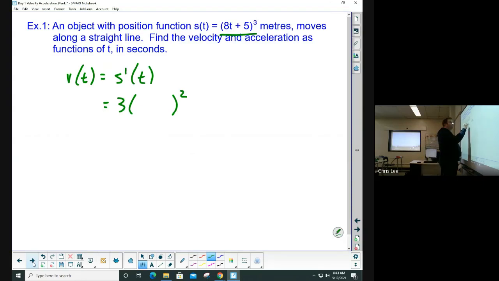The inside stays the same, but then I multiply it by the inside function. So that Russian doll idea, derivative of the outside times the derivative of the inside. And then I can tidy this up just really quickly. 8 times 3 is 24. 8t plus 5 squared.